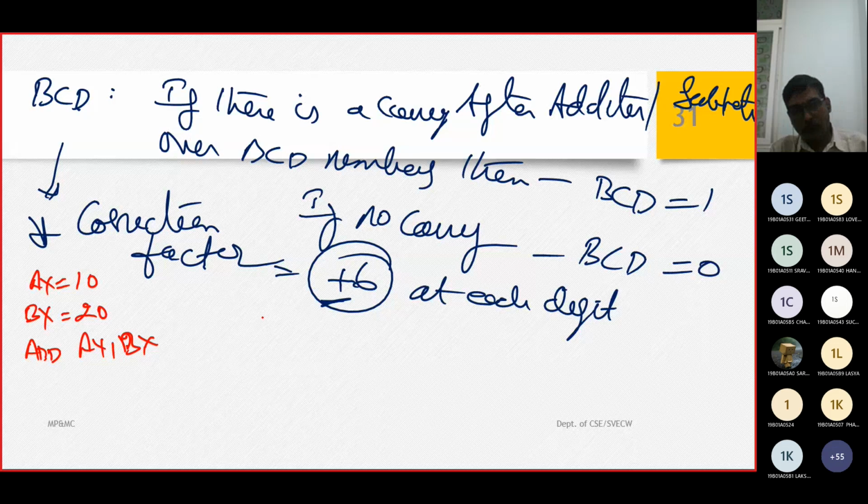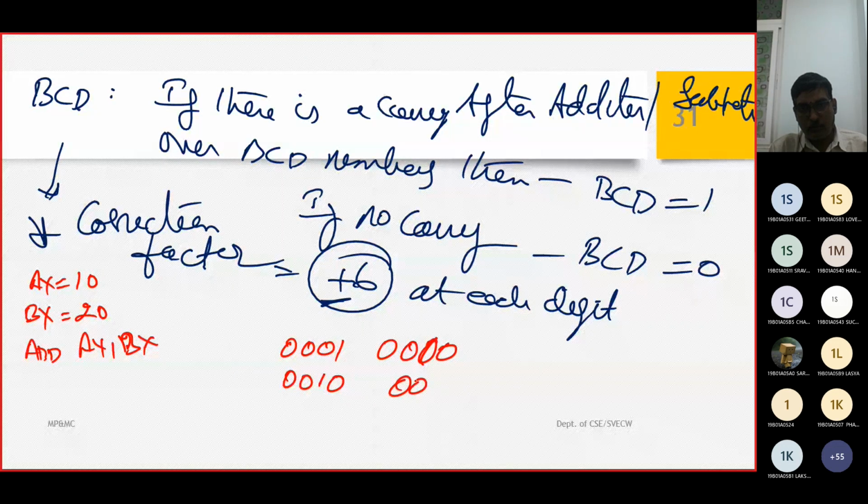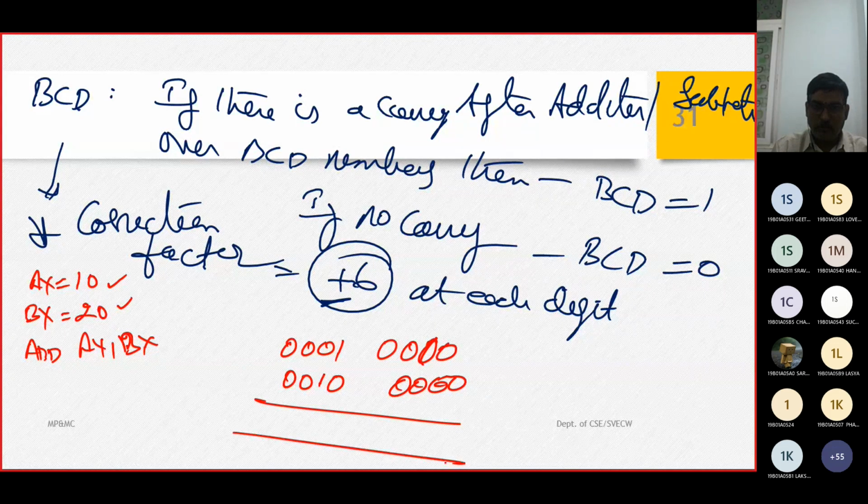So what we are going to check at this point is 0001 0000 for 10 and 0010 0000 for 20. We represented 10 and 20. Now I am going to perform BCD addition.